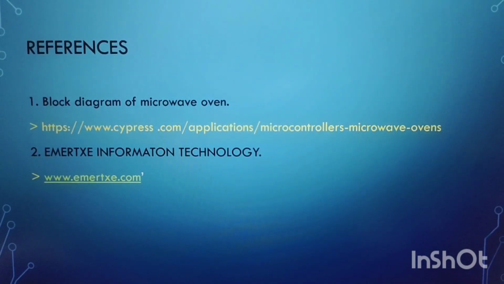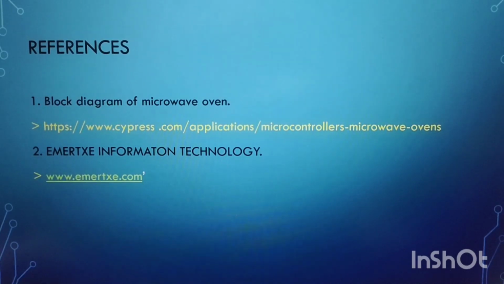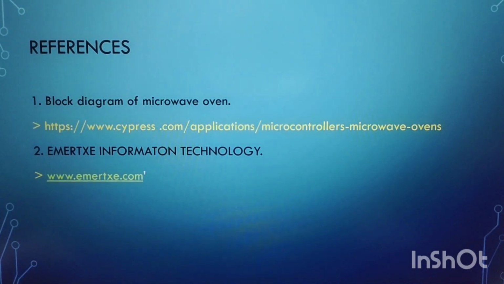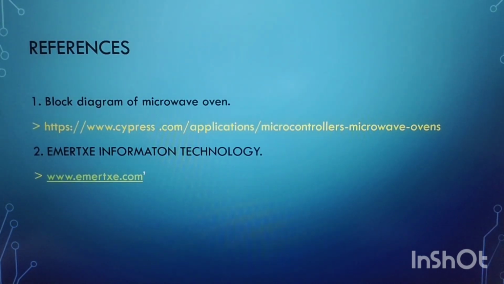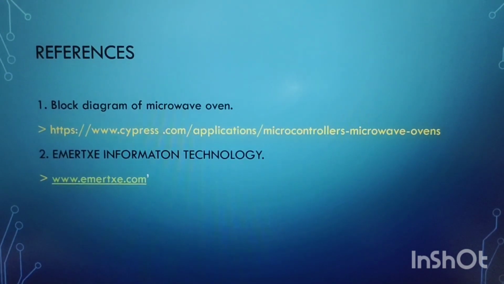For reference, we have seen the block diagram of the microwave oven. It is the application of a microcontroller in a microwave oven. The link where we took the block diagram is from Emertxe Information Technologies. We also need to add one more, lms.com.